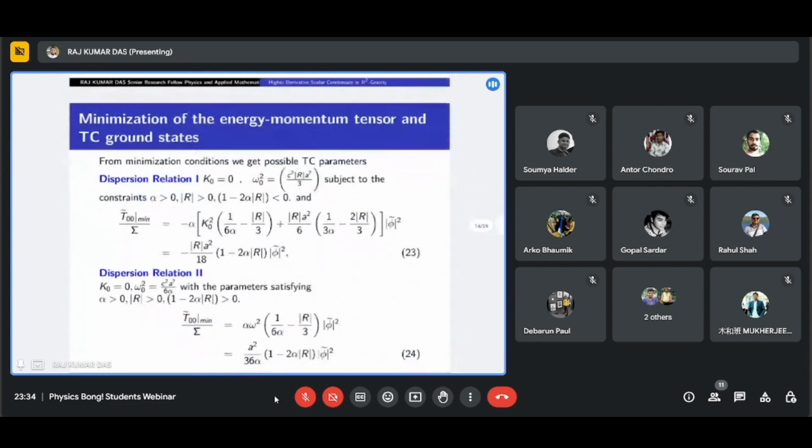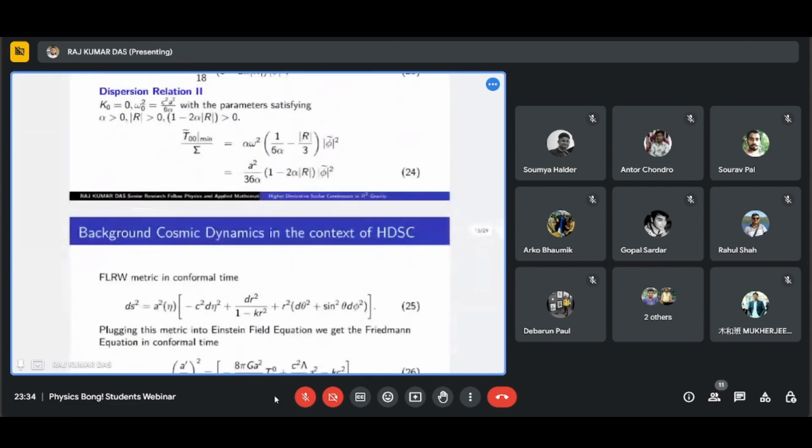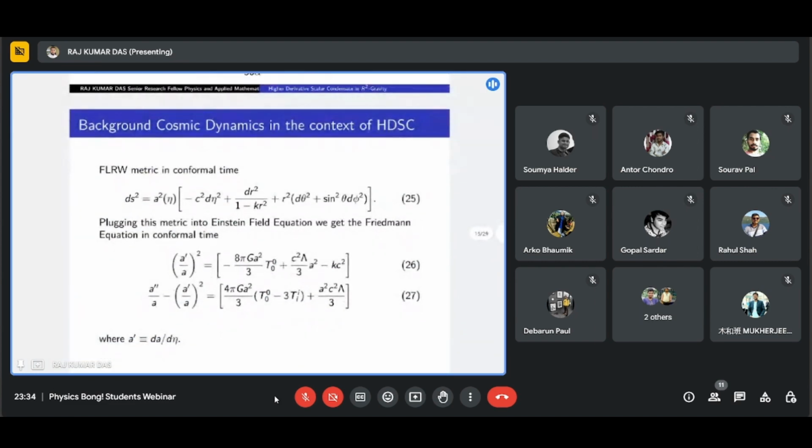Out of them, dispersion relation 1 is useful for our work. Now this is our background metric, which in cosmology we will use further, the FLRW metric, the Friedmann-Robertson-Walker metric.